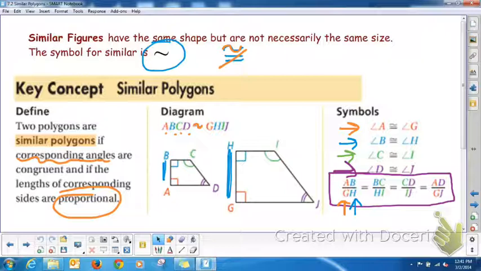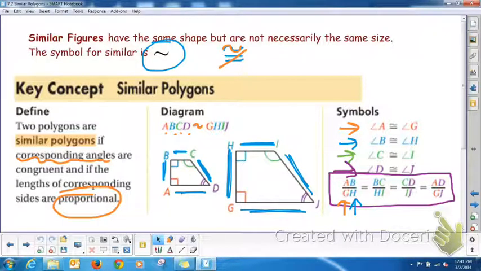You have to decide which one you're going to put on top and which one you're going to put on the bottom, and then you have to stick with that. So AB over GH, BC, that's this side, over HI, CD over IJ, and then AD over GJ.